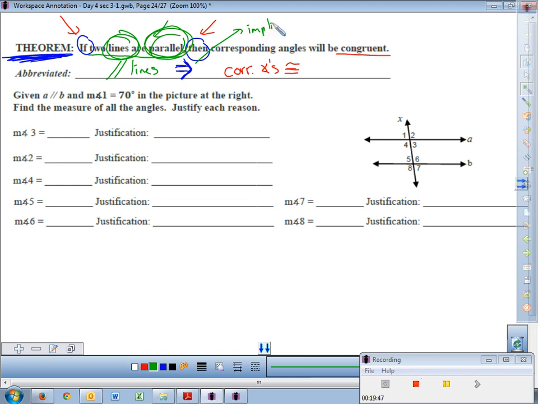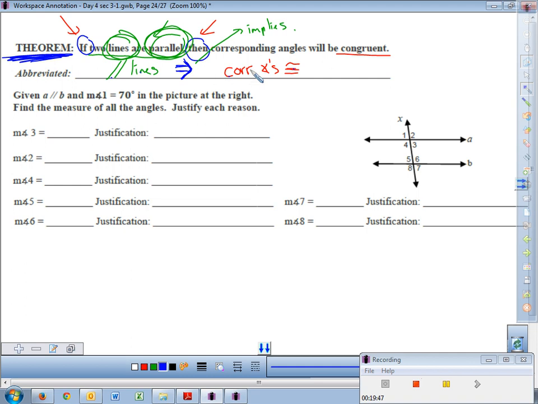You say that as implies. So this is the justification that we're going to write down. And let me tell you, it's a pain in the butt if you don't know what it says. So this says parallel lines implies corresponding angles congruent. One more time. Parallel lines implies corresponding angles congruent.